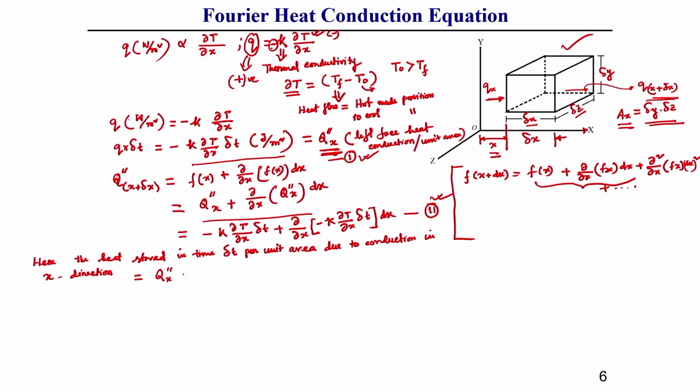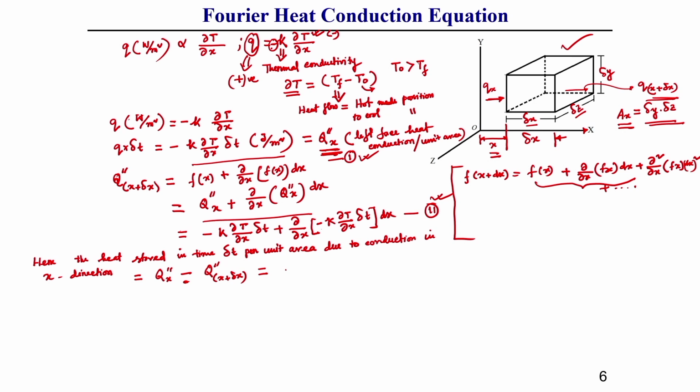It is Q x double dot minus Q x plus delta x, because the left side heat is entering, the right side heat is generally coming out, and the rest of the heat is generally stored. If you do the calculation by using equation number 1 and 2, if you subtract, then what will you get? You see here this minus, and there is another minus coming, this minus minus in equation 2 will be plus.